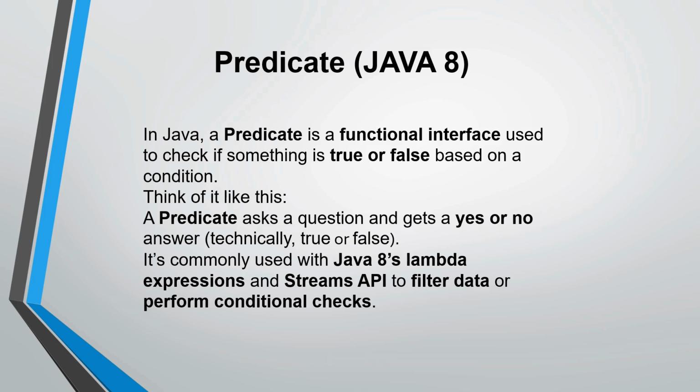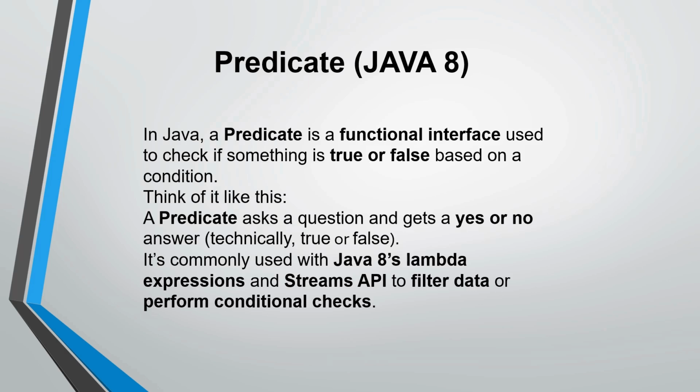As I already explained, the definition of a functional interface is that it should have only one abstract method. If it has more than one abstract method, then we cannot say that it is a functional interface. So this is the precondition. It may contain any number of static methods and default methods. That is not our concern, but it should contain only one abstract method. So always remember this.